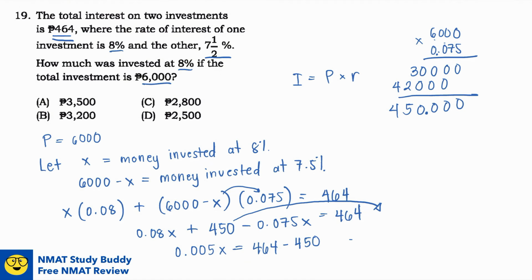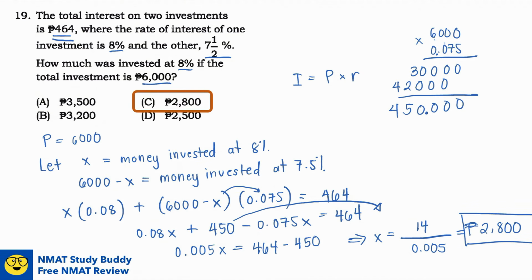Pag kinuha mo yung X, equal yan sa 464 minus 450, which is 14, over 0.005. So, kapag sinolve nyo yan, ang answer na makukuha nyo is 2,800 pesos. So, yun yung money na ininvest at 8% rate. Ito na yung final answer, which is letter C.